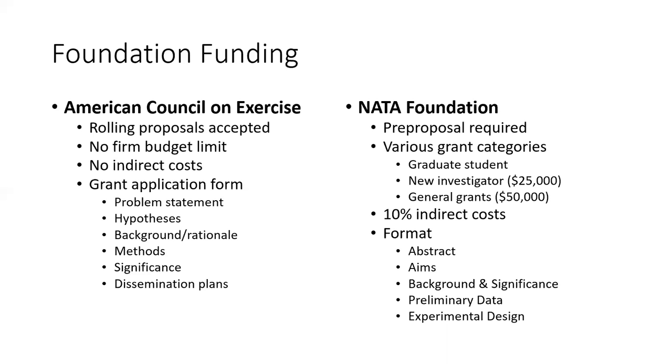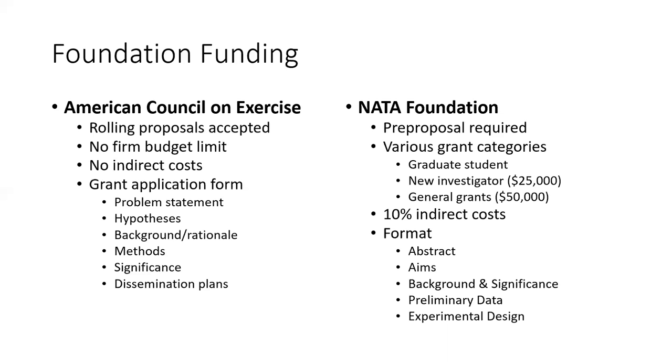It's their way of weeding out perhaps some projects that they do not think could potentially be funded. The American Council on Exercise has no real posted grant deadlines, and it's actually even challenging to find that they have these grants available. So that's something to keep in mind.